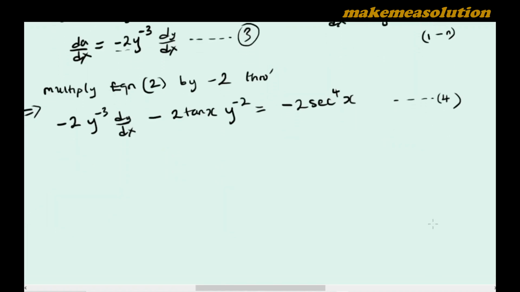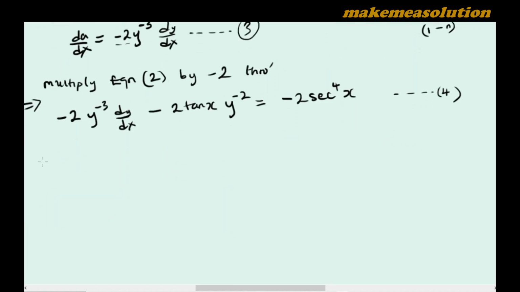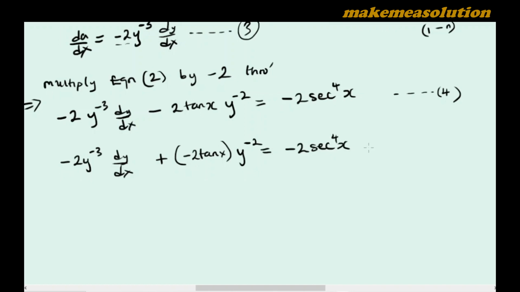If you just modify equation 4 a little, what you're going to get is minus 2y minus 3 dy dx, then plus minus 2 tan x y minus 2 is equal to minus 2 sec 4x, like this.